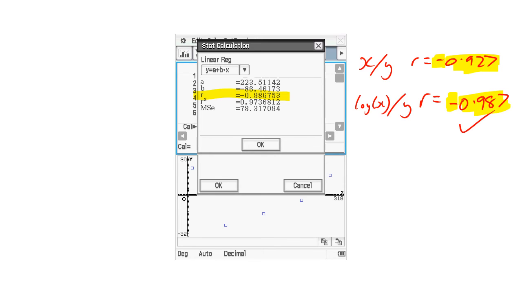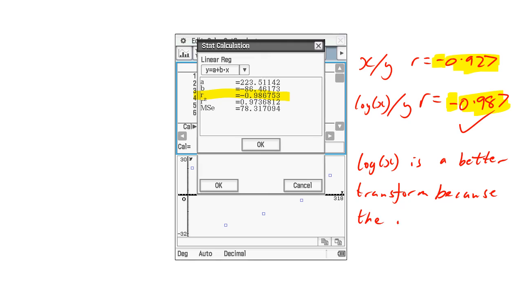Well, this one is better because it's closer to 1. So we can say it is a better transform because the R has increased. So log x is a better transform because the R has increased.